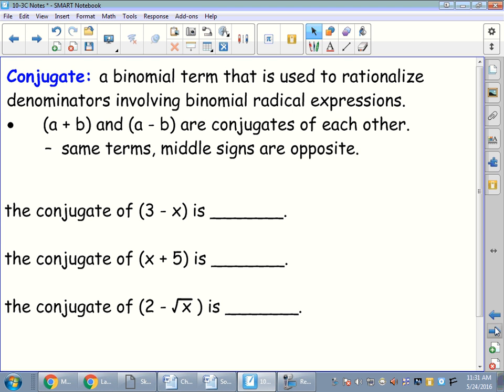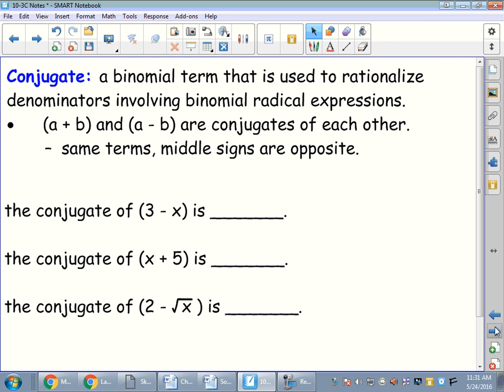If a minus b was given, then a plus b is its conjugate. So they are conjugates of each other. They are the same exact terms, but the middle signs are opposite. They're not called opposites, because for them to be opposites, you'd have to have opposite signs on both the a and the b values. Only the middle sign is opposite.